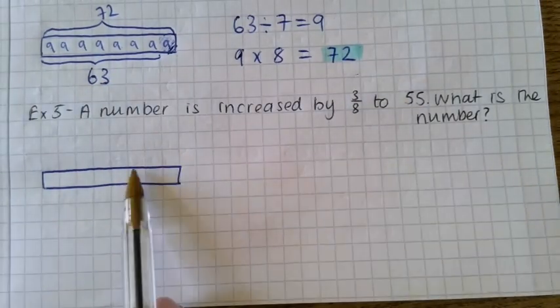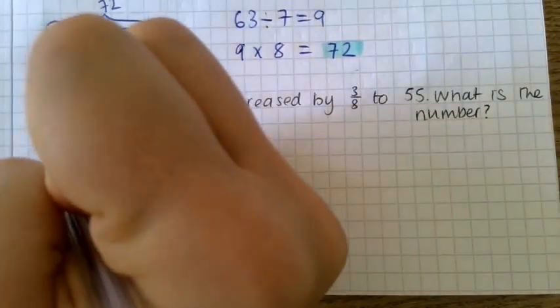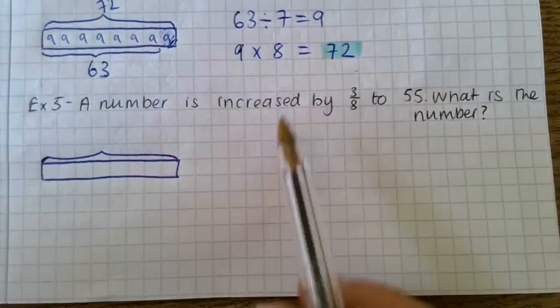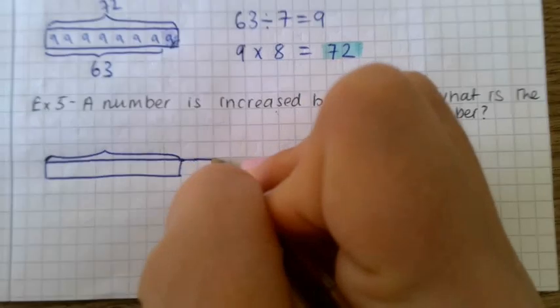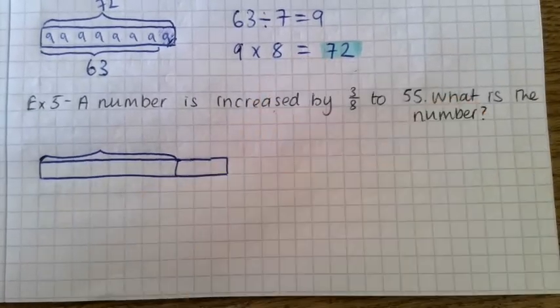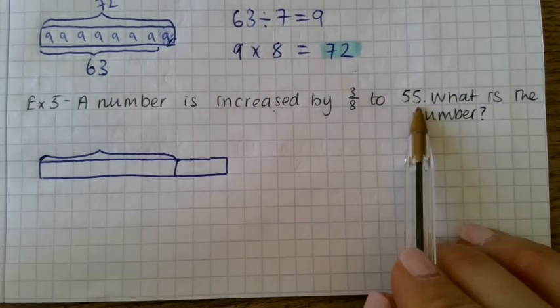And this number, this is the number we want to find in the end. It's been increased by 3/8. So 3 parts, 3/8 have been added on. And we've ended up with 55.